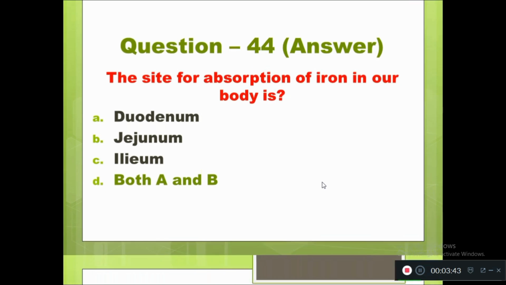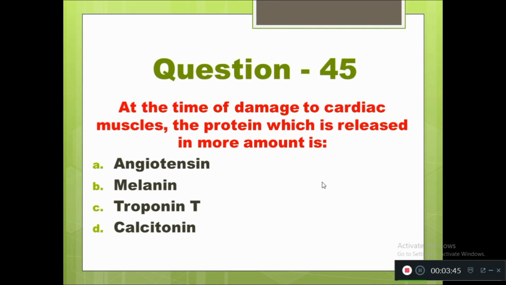Question number 45. At the time of damage to cardiac muscles, the protein which is released in more amount is option A, angiotensin, B, melanin, C, troponin T, and D, calcitonin.